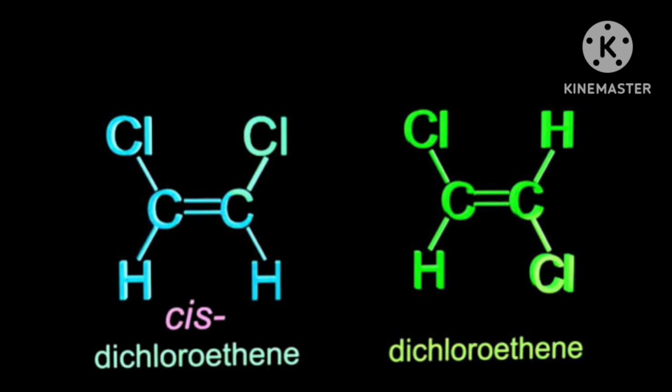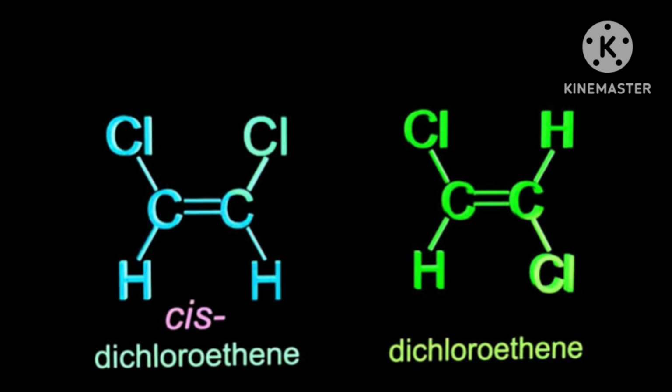Suppose these two groups are there: two groups x and y attached to one carbon, and the other carbon again xy. Then this can form two different structures.